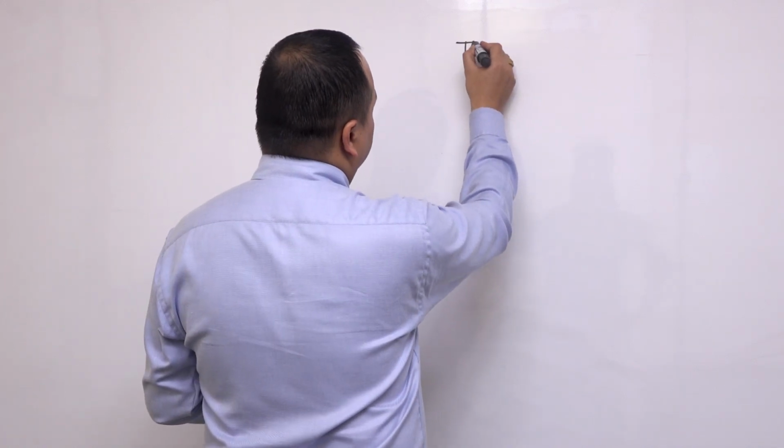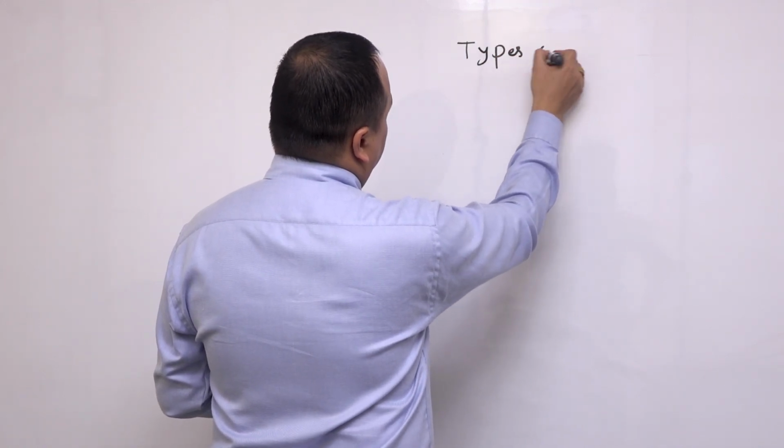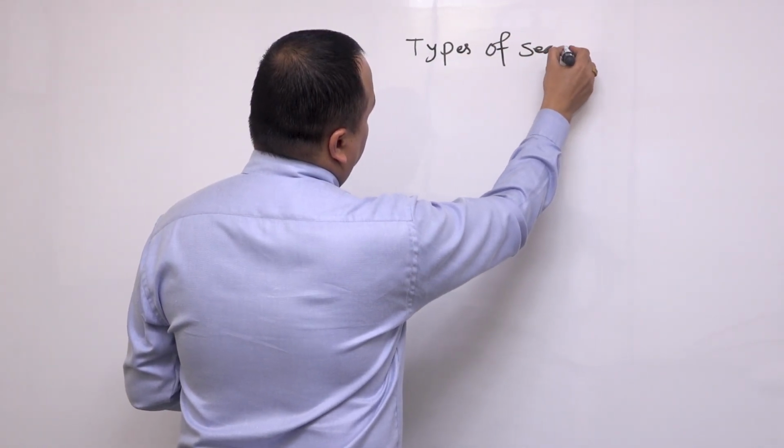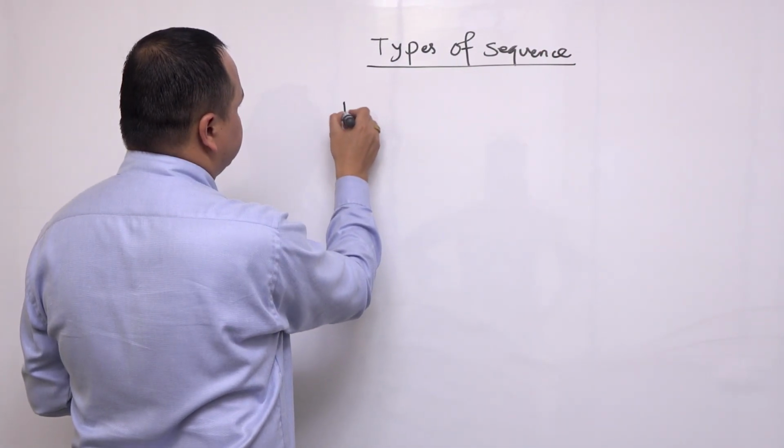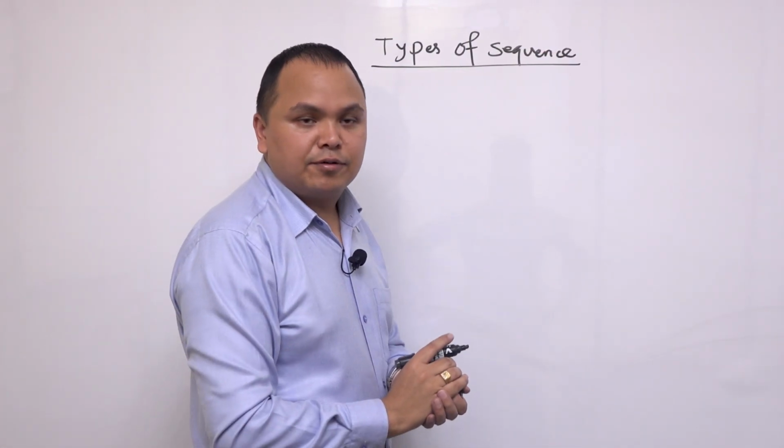Types of sequence. 1. Arithmetic sequence.